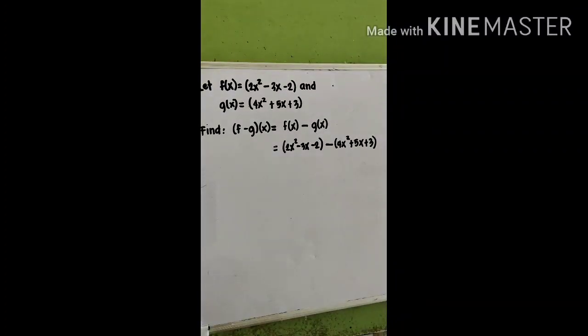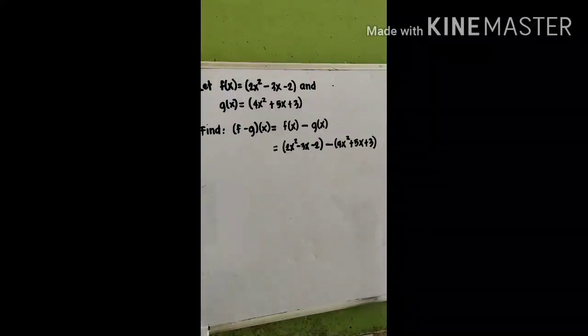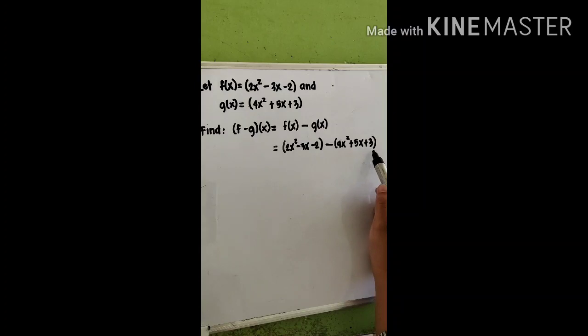Okay, so it's very important that you enclose the functions first in a parenthesis. It's because there will be changes in the sign of our second function, because the second function will be multiplied by a negative.